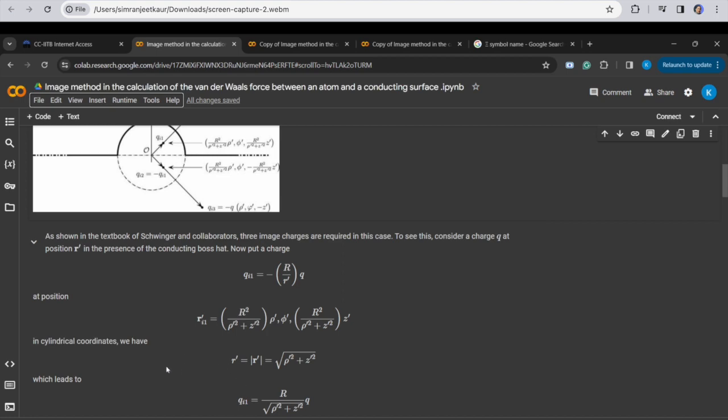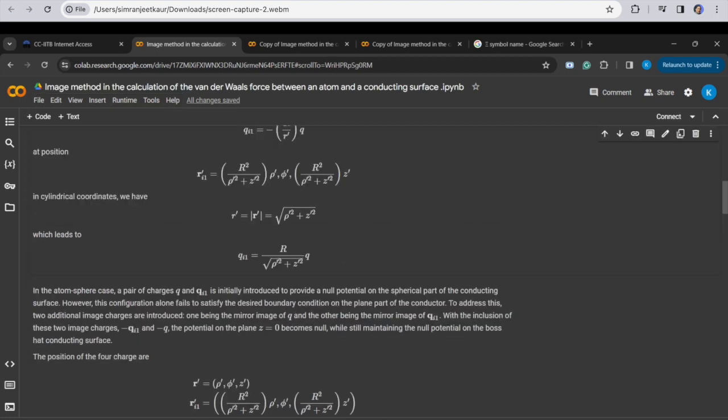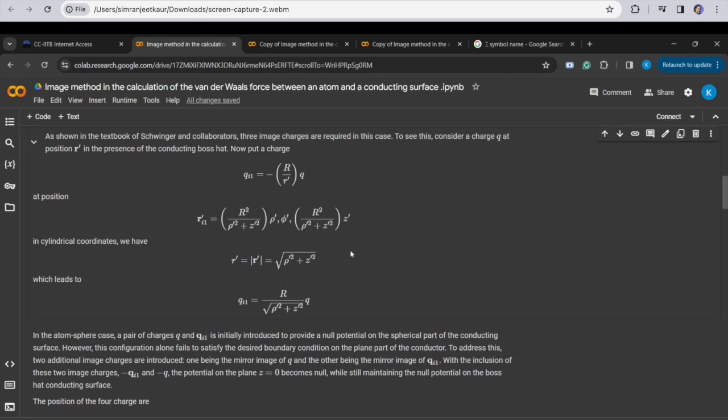So in cylindrical coordinates, R dash equals the square root of rho dash square plus z dash square, which leads to the position of the charge QI1 equals R upon the square root of rho dash square plus z dash square, multiplied by Q.